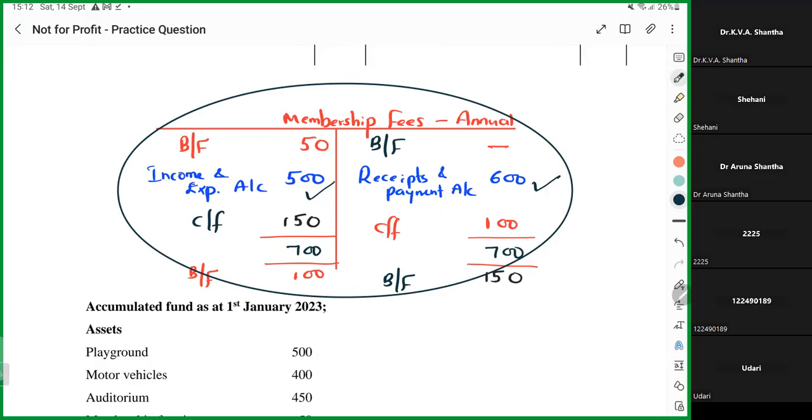Right. Any questions? So total income for the year 500, that you have to take to the income and expenditure account. Any question from membership fees account?